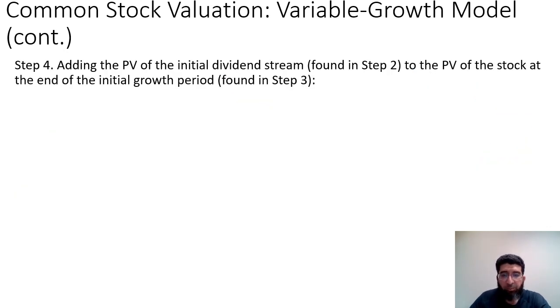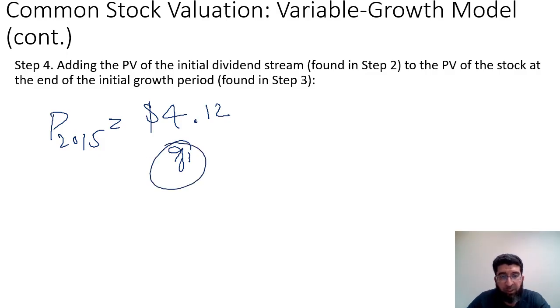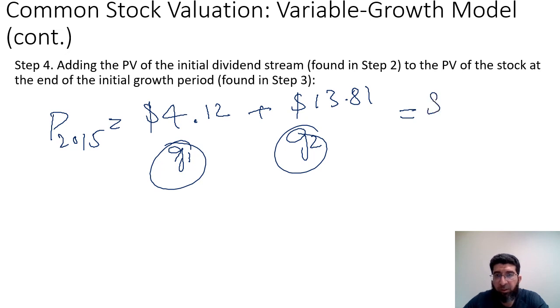We can now add the present value found in step 2 and step 3 together in order to get the entire price. So P at 2015 will be equal to, from the second step, $4.12 for the first growth time period, and then for the second growth time period we received the price of $13.81, and that gives us a total price of $17.93 per share.